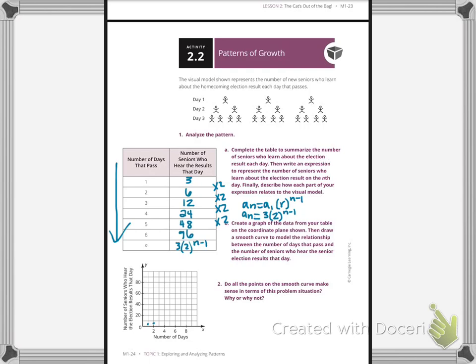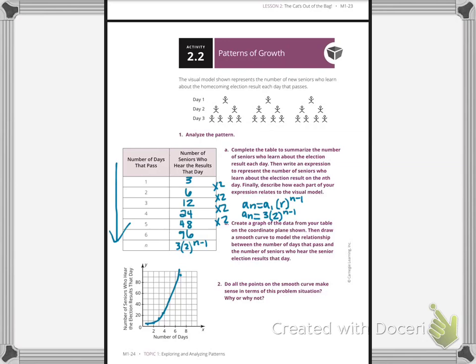Day 3 is 12, so now we can bump across that 10 mark. Day 4 is 24. Okay, day 5 is 48. So close to that other mark there, because it's going up by 10, so that would be close to my 50 mark. And day 6 is 96. So somewhere like right there. So it looks like that.